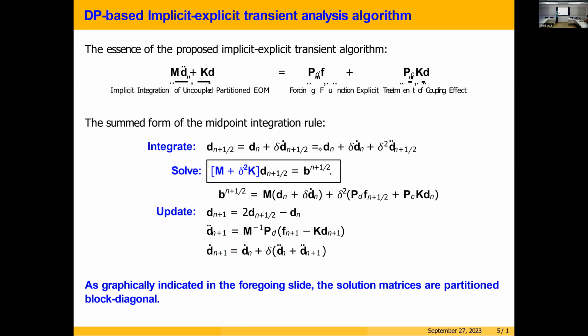By treating the elemental or substructural system by an implicit algorithm, you are actually guaranteeing stability with respect to the maximum partition eigenvalue. There's no step size restriction. So this guarantees that this implicit-explicit algorithm is unconditionally stable.